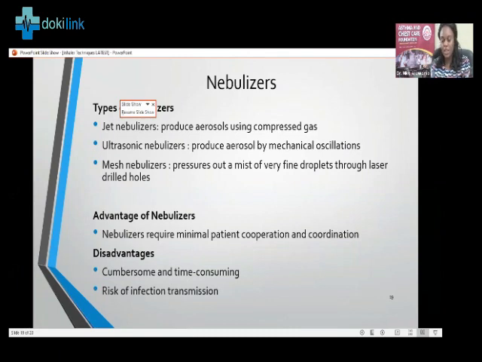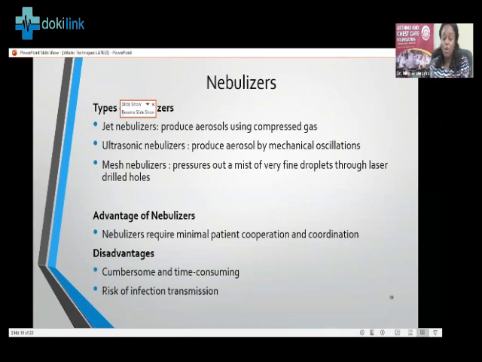And a major advantage of the nebulizer is it requires minimum patient cooperation and coordination, and as such is indicated in patients with life-threatening asthma and also small children, infants that can't cooperate with the use of inhalers, as well as unconscious patients. The disadvantages: it's cumbersome and time consuming.